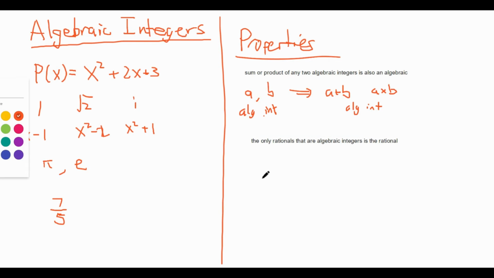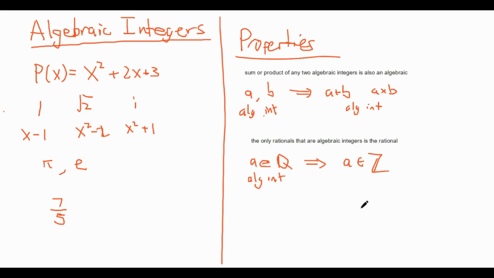What I mean by this is, given a rational number a, if it's rational and it's an algebraic integer, then it follows that a is in fact a rational integer. So these are the two most important properties of algebraic integers that we need to know for now.